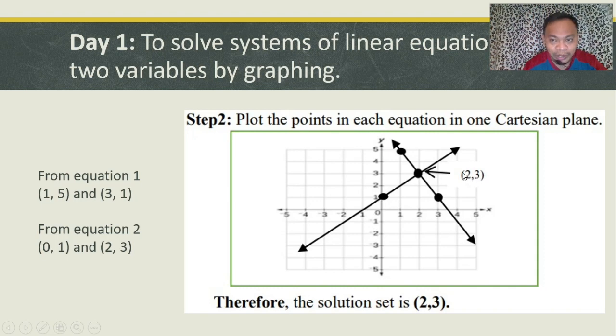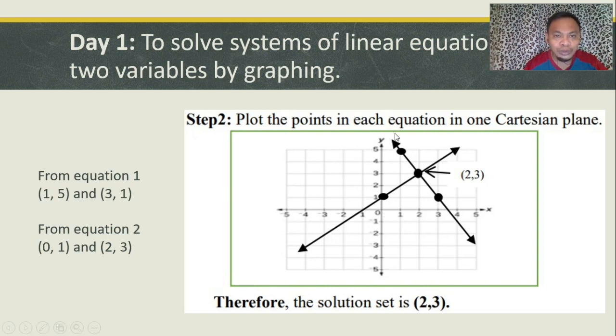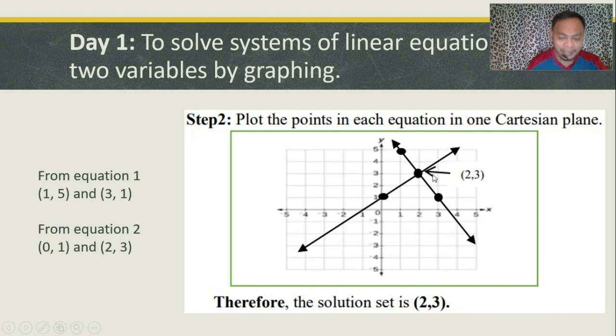This is the coordinate of our point of intersection, and this is what we call the solution of our system of linear equations, our two equations, equation 1 and equation number 2. Okay, so this is solving systems of linear equations in two variables by graphing.